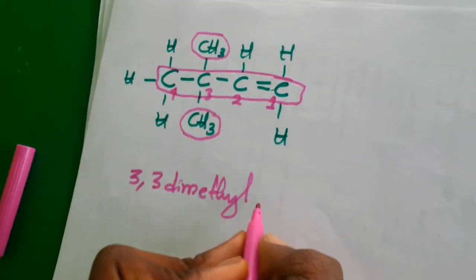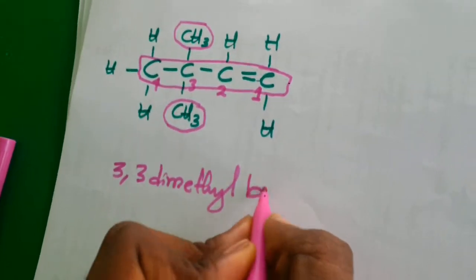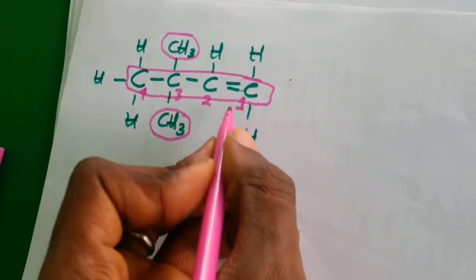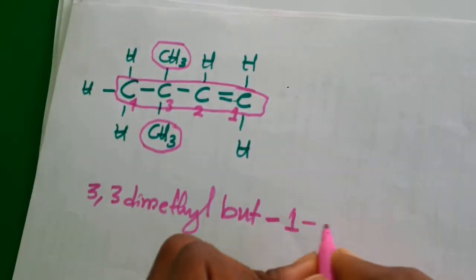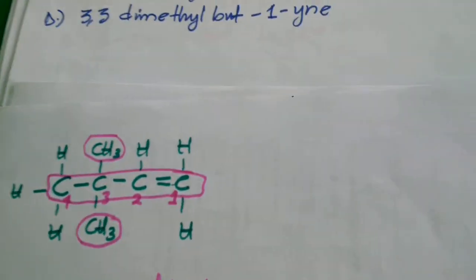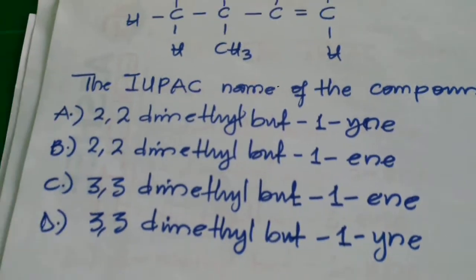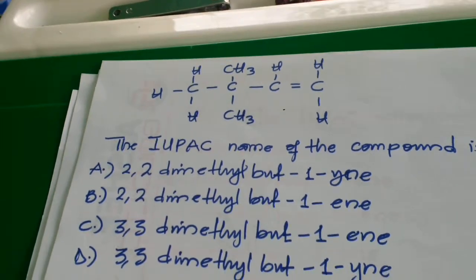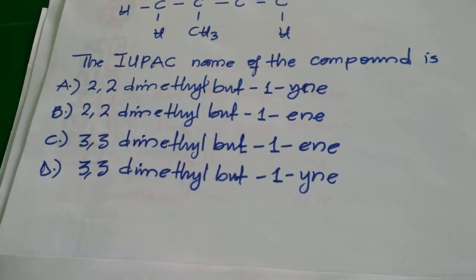Then since it's a 4-carbon compound, it will be but. Then the double bond is on the first carbon, so 1-ene. So let's see which of the options. I think it's option C here. 3,3-dimethylbut-1-ene.